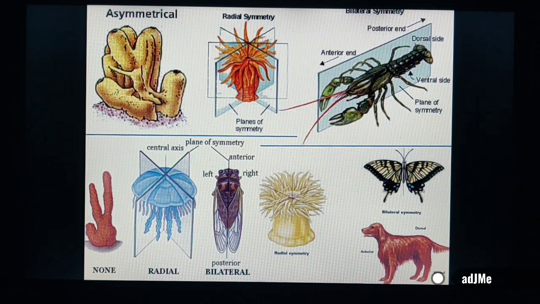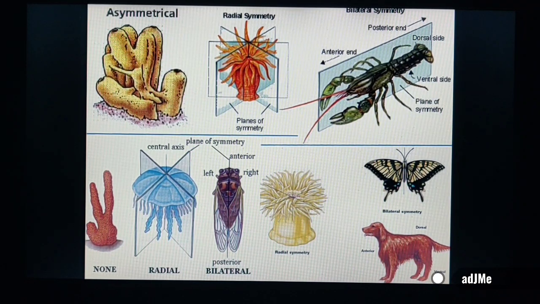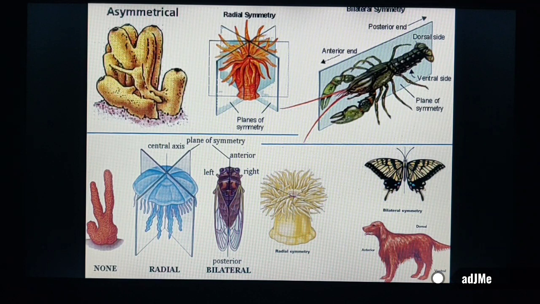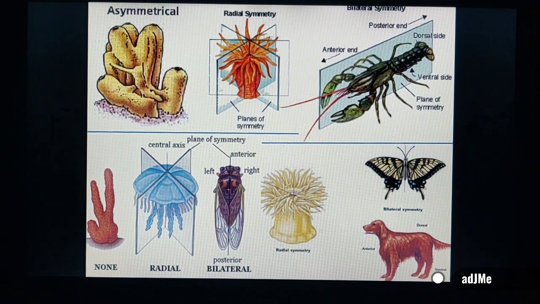Then we'll go below. On the left hand side again sponges are given, an example of asymmetry. Second one, the blue colour photo, a jellyfish, an example of radial symmetry. And third, a fly, it may be a house fly or any insect. On the rightmost bottom you find a butterfly. A butterfly or any insect or even a dog or any animal or any human being is an example of bilateral symmetry.